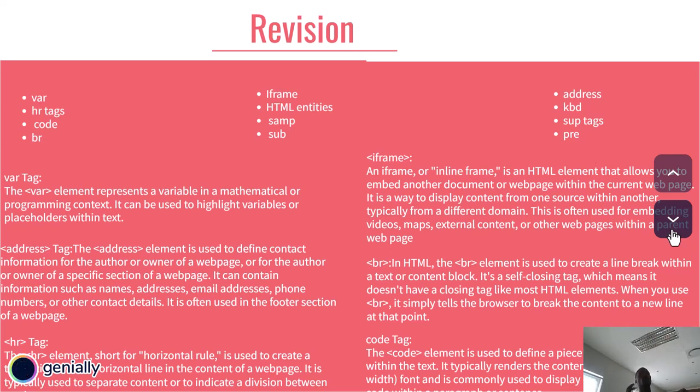In a text, it highlights the variables, which are the placeholders. Remember when we spoke about mathematics? In mathematics, there's this concept of finding the missing x, or whatever letter they give you, missing y.